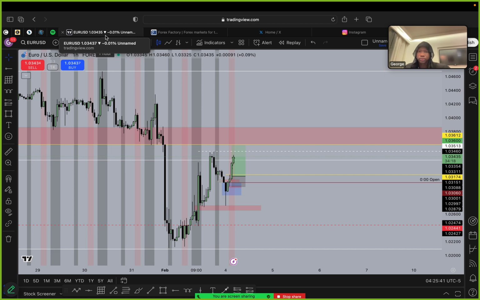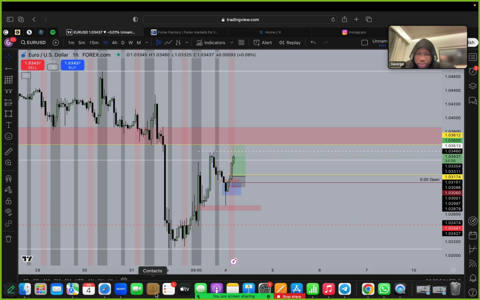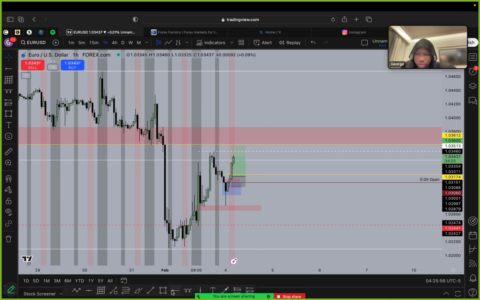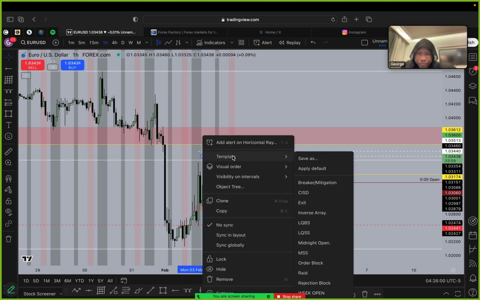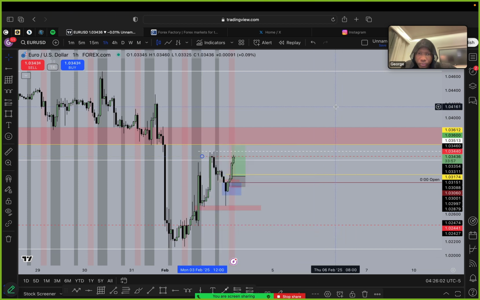Let's see how price reacts at this level. We're trading at this rejection block, right? I want to see how price is trading at this rejection block. This is a rejection block.